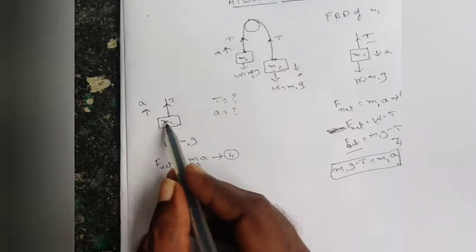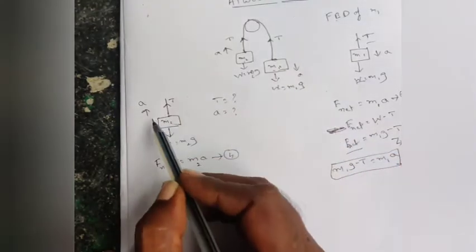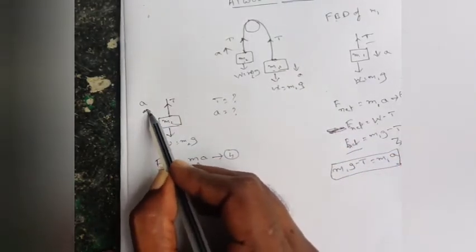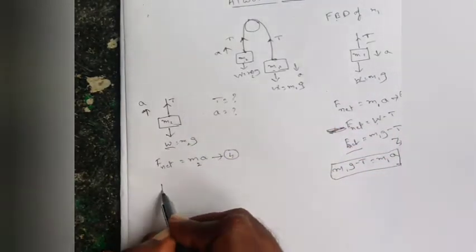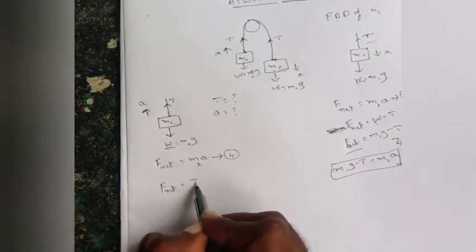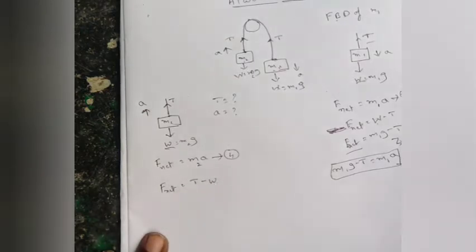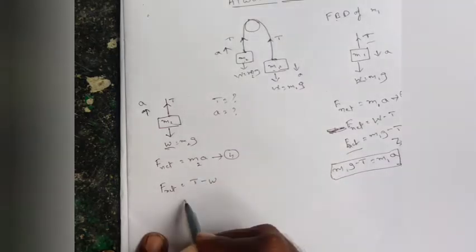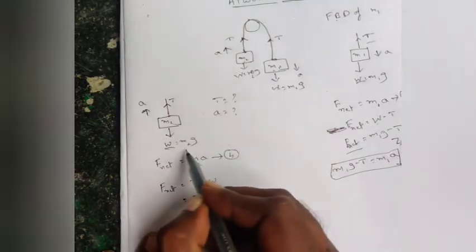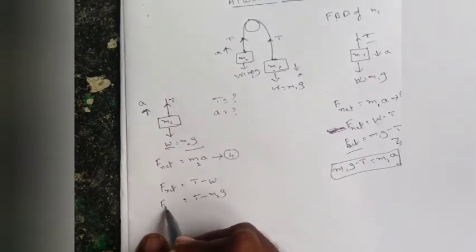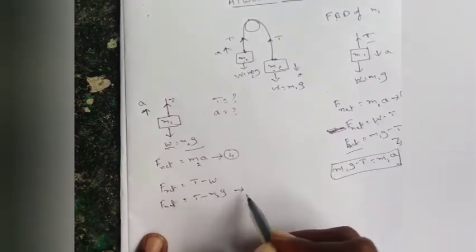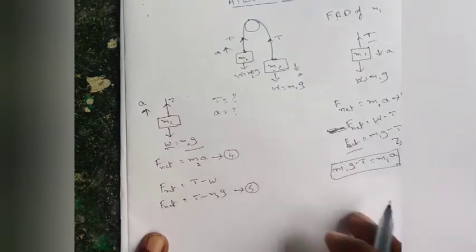Now calculate the net force in this situation. The acceleration is upwards. So which force is more? Tension is more, weight is less. Therefore F net equal to tension minus weight, that is tension minus m2g. This is important. Take this as equation number 5.